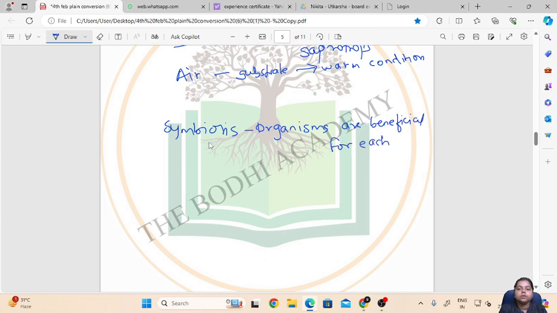For example, there can be two or more organisms together, and both are helping each other. Lichens are an example of this.